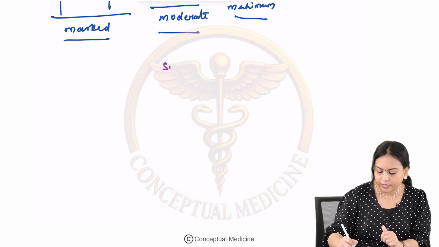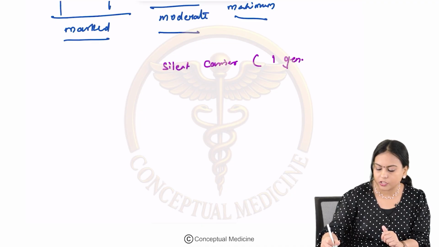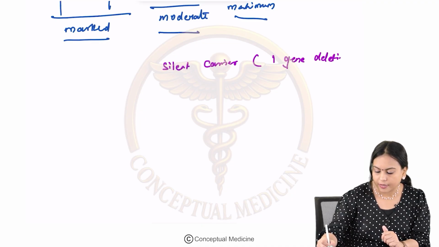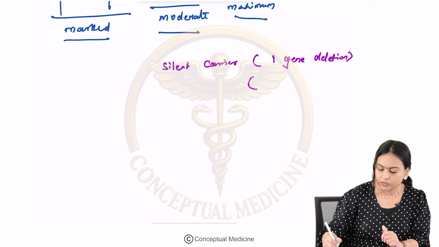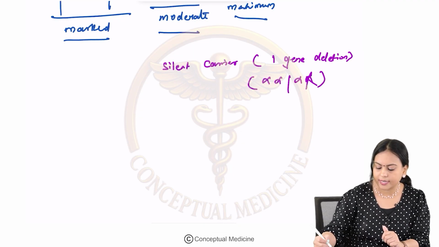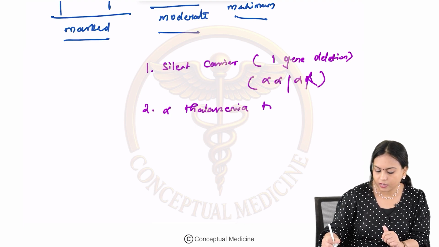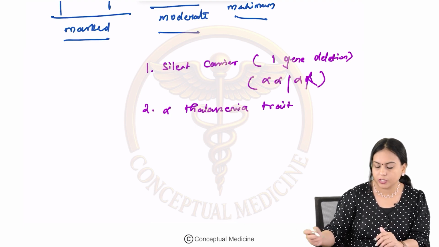There can be a silent carrier type, in which only one gene deletion is happening. So, if you take alpha, there is only one gene deletion. So, that is the single carrier, silent carrier type. Next is alpha thalassemia trait, which means there is two gene deletion.